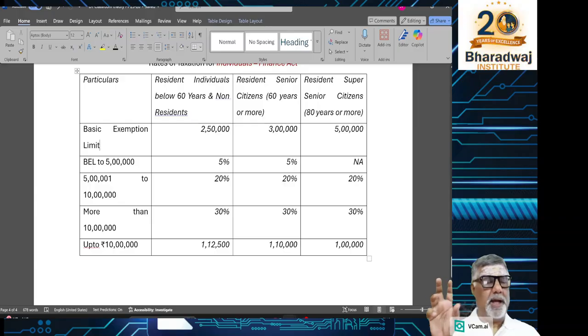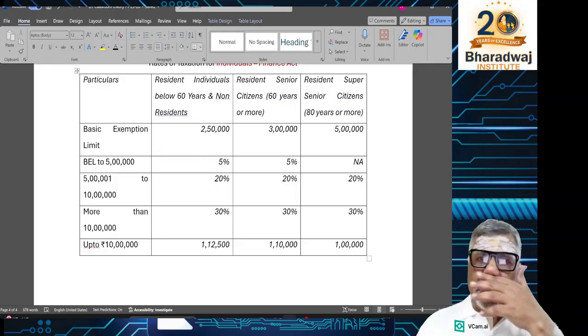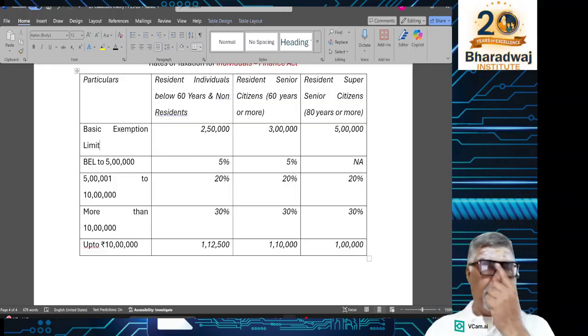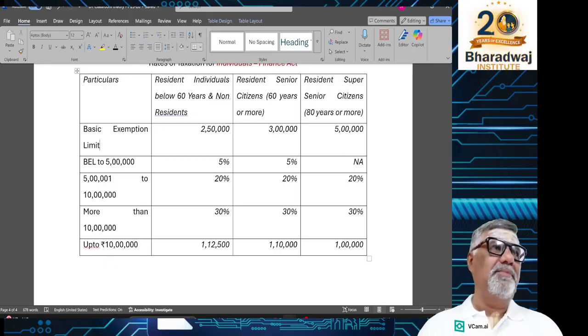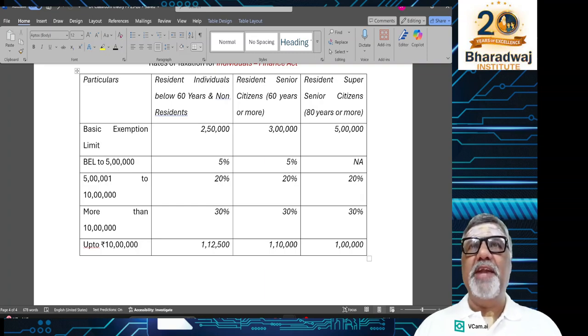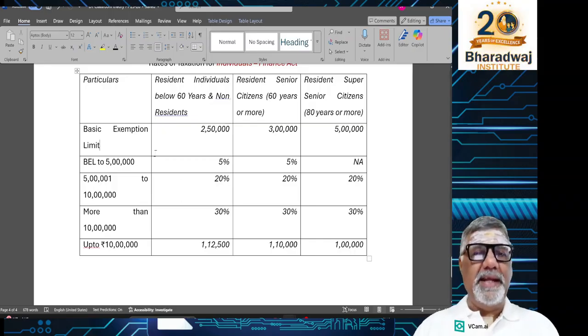So these are all the rates of taxation as per the Finance Act, applicable for an individual. As I was saying, the biggest change happened in 115BAC, the default tax regime or the concessional tax regime for individuals. At the beginning I told you 60% have migrated. Might be after this year 90% would have migrated.